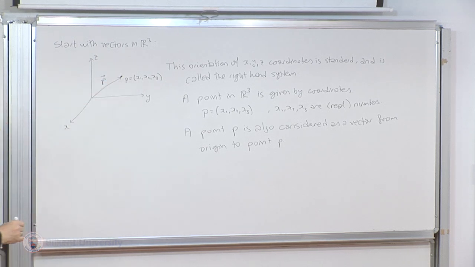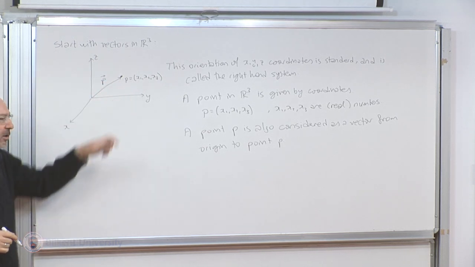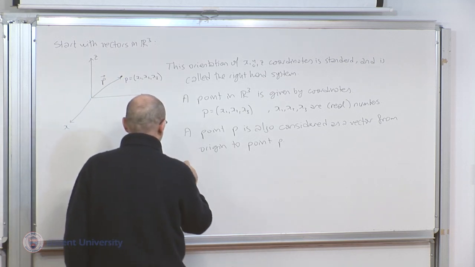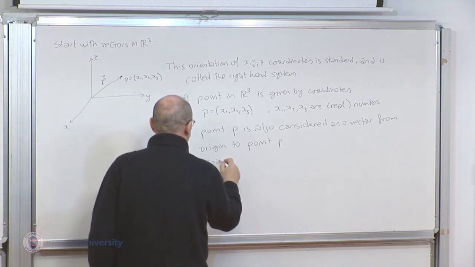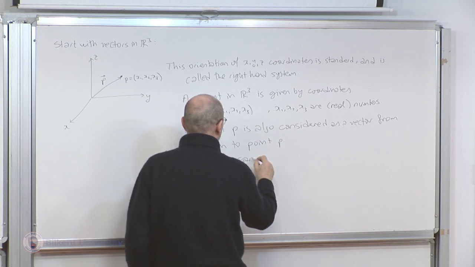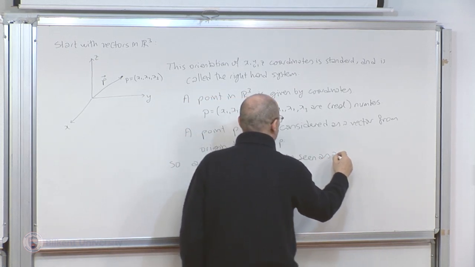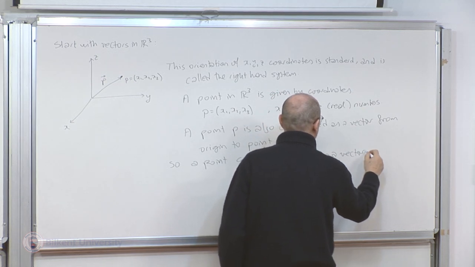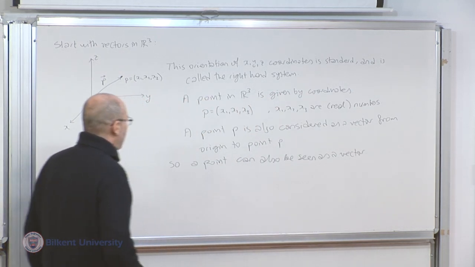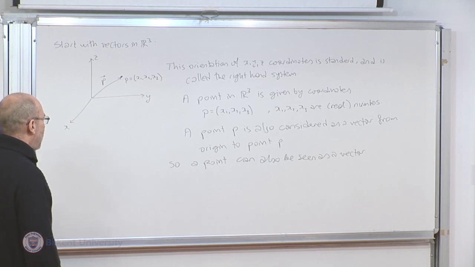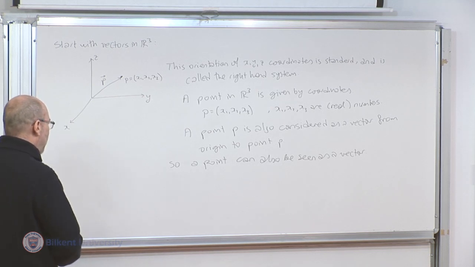These are notations. You can also use this as a vector. So a point can also be seen as a vector. Okay, so there is nothing new here, but the interesting thing is the following.